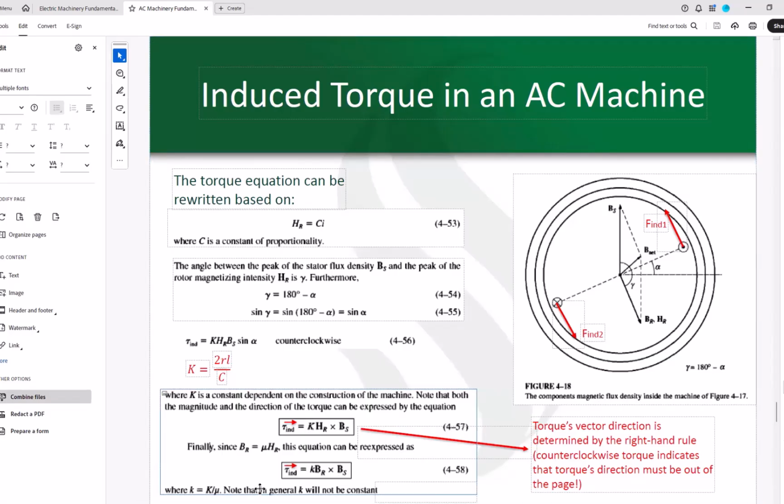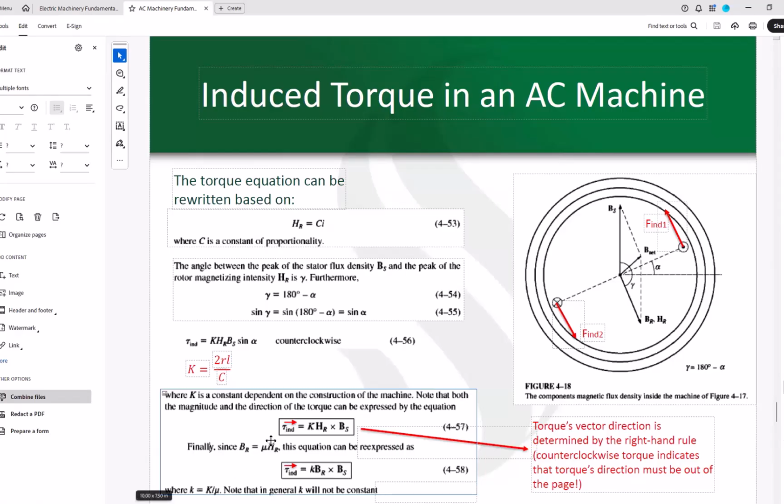Although the capital K is a constant, this small k would not be constant because it depends on mu. And you know that mu could be a variable inside the magnetic materials, right? Okay, so the bottom line is that the vector of the induced torque in the machine would be a function of the cross product of the flux density of the rotor by the flux density of the stator.